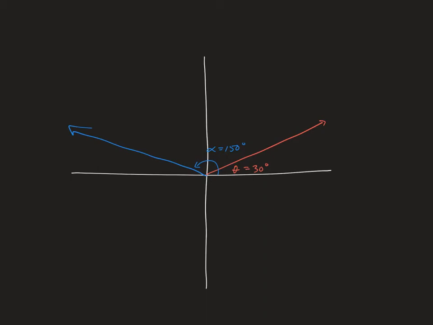So for me to rotate into that third quadrant but have the same related acute angle of 30 degrees, my principal angle is going to have to be 180 degrees plus the other 30. That means that maybe that green angle, if I was to call that beta, is going to be 210 degrees. Okay, we can see how they're all related because they all have a related acute angle of 30 degrees.